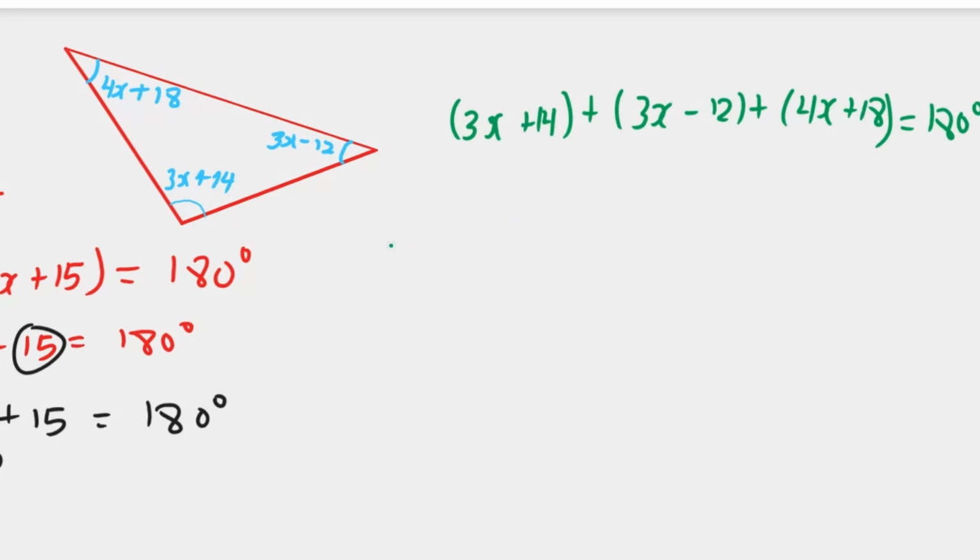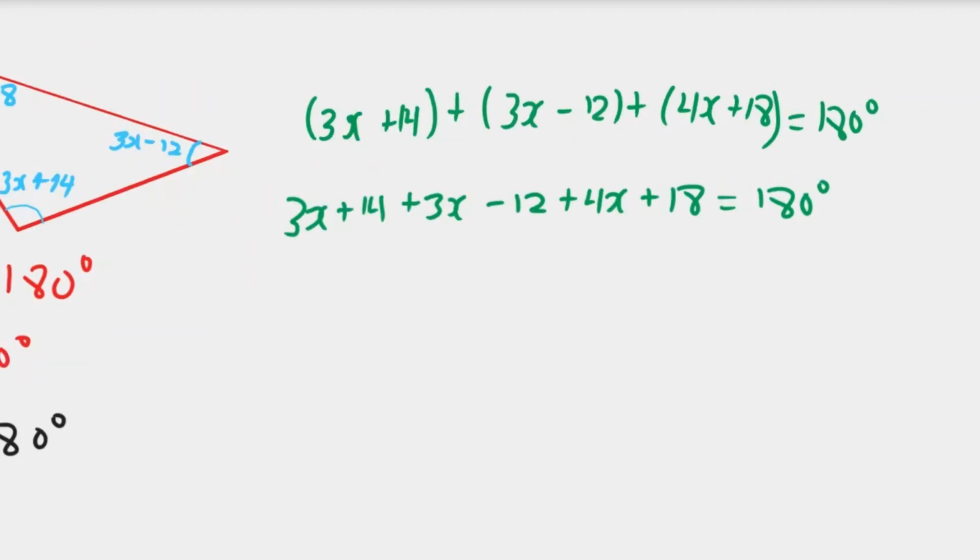So like we did in the second one, we're just going to remove the brackets. So we have 3x plus 14 plus 3x minus 12 plus 4x plus 18 equal to 180 degrees. At this point, we have to collect like terms. 3x, this and that of this, they are like terms. So we can group those.